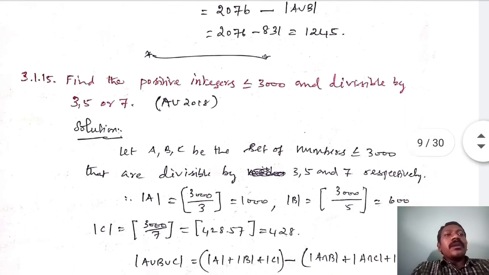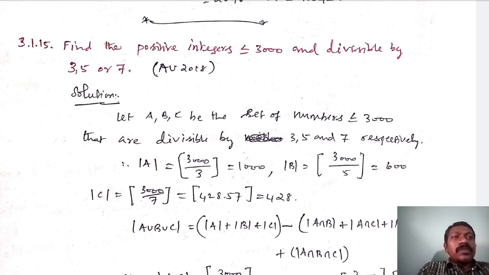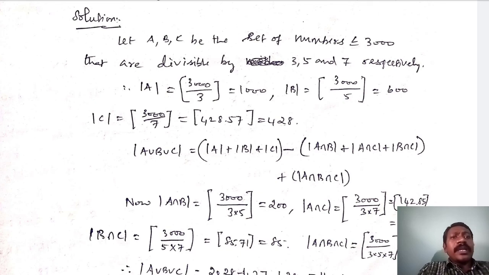And again we are giving here 3 numbers. Find the positive integers less than or equal to 3000 and which are divisible by 3, 5 or 7. So here also we have to use the inclusion and exclusion principle. Let A, B, C be the set of numbers less than or equal to 3000 that are divisible by 3, 5 and 7 respectively.